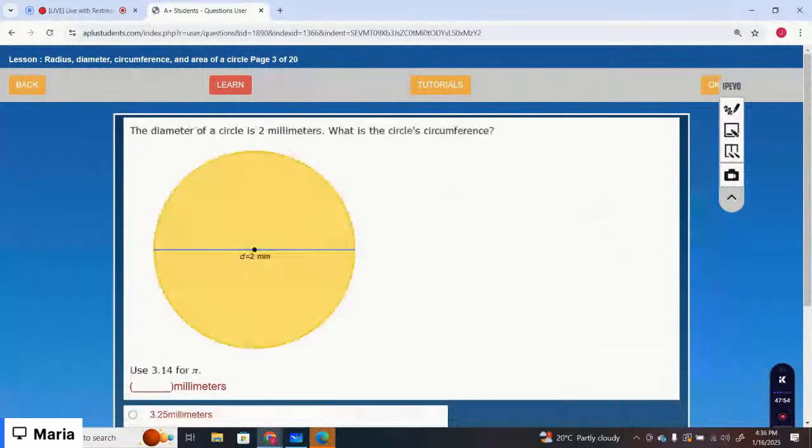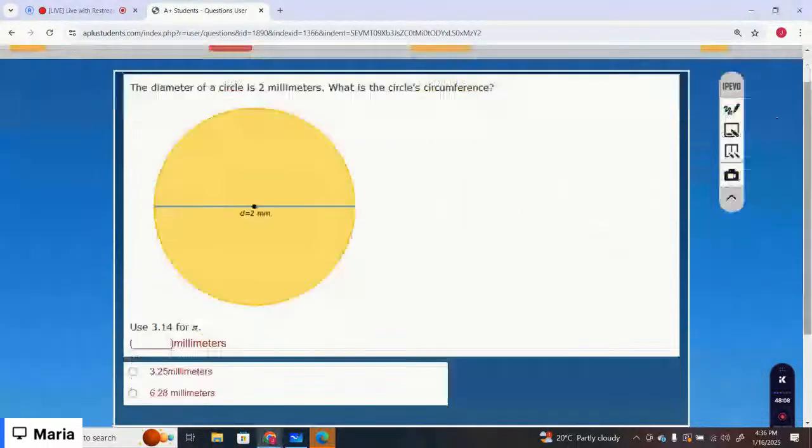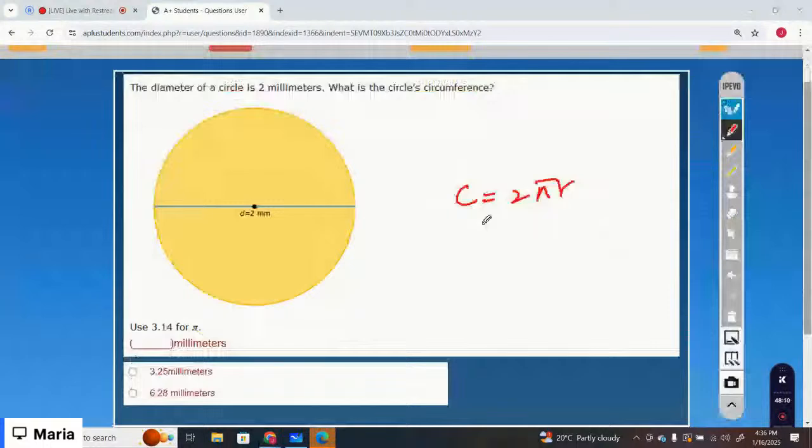The diameter of the circle is 2 millimeters. What is the circle's circumference? The circumference is C equals 2 pi r. Diameter is 2, the radius is 1.